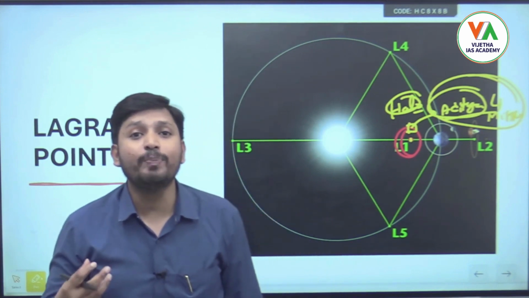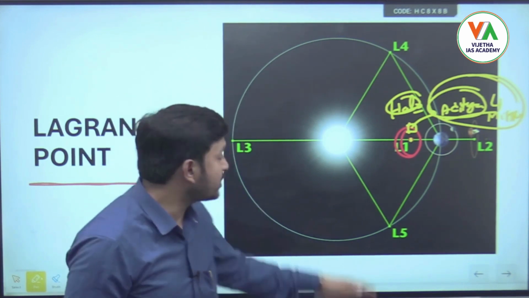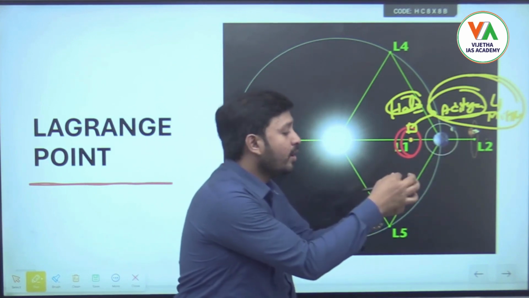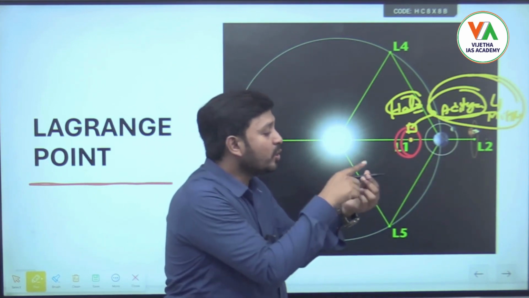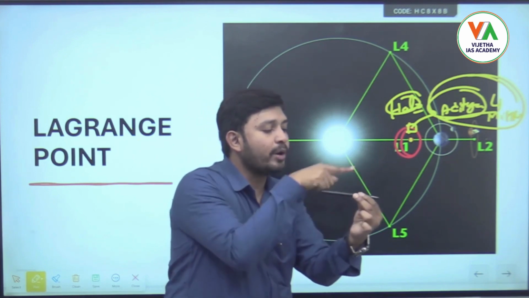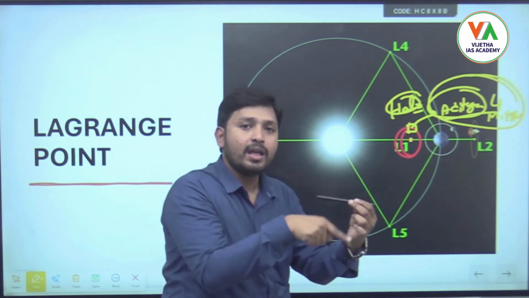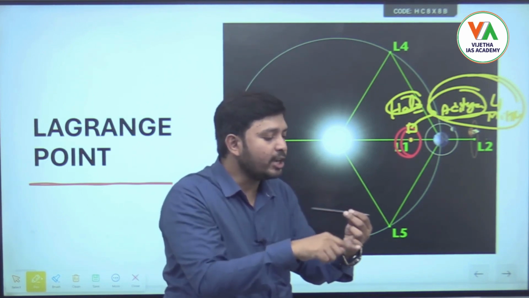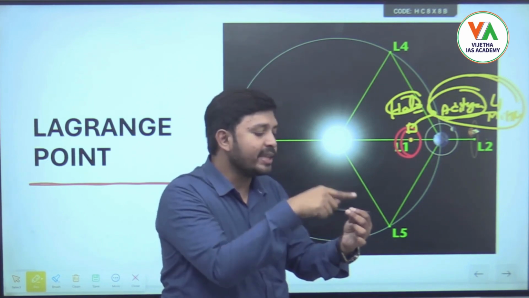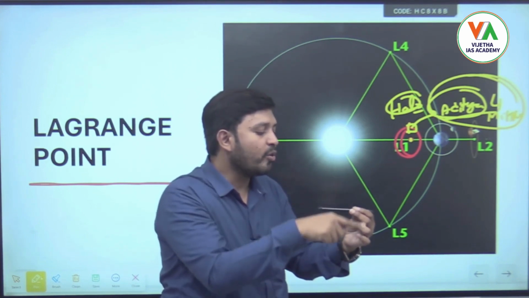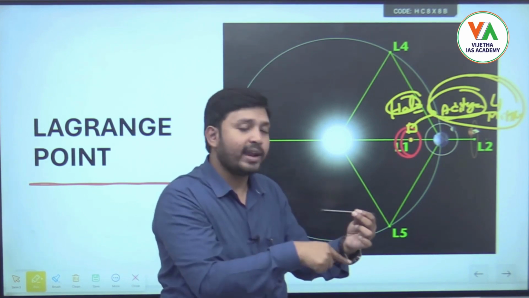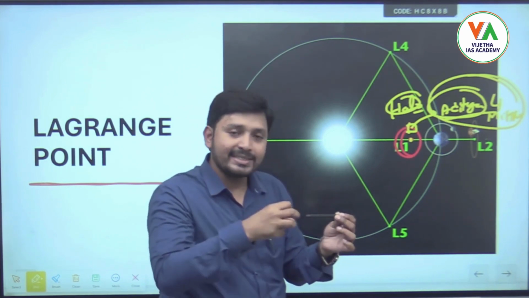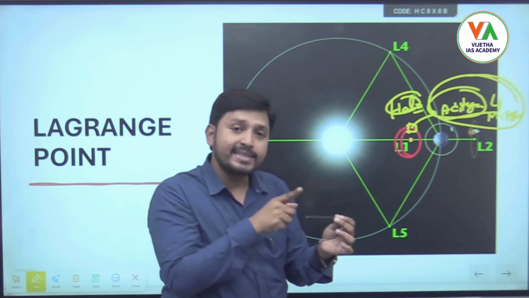And why have we placed it only in this L1 position? See, this is the line, this is L2, L1, L3. There is an orbit like this, a halo orbit, and in this halo orbit the Aditya mission will be there. So this Aditya satellite will keep moving around this L1 point continuously. The sun is somewhere here, so it can see the sun continuously.